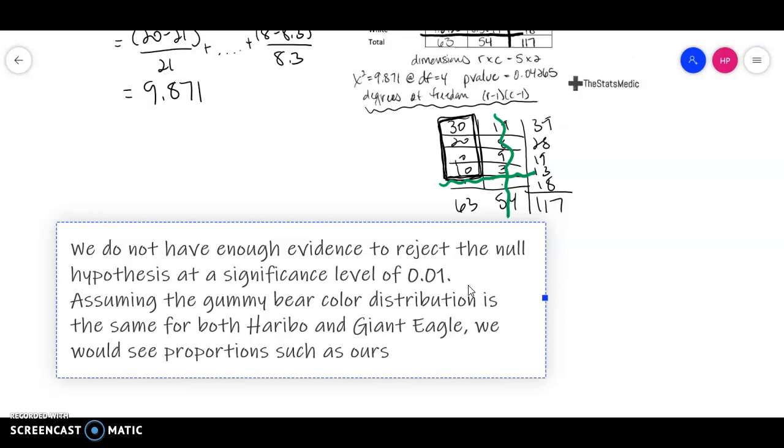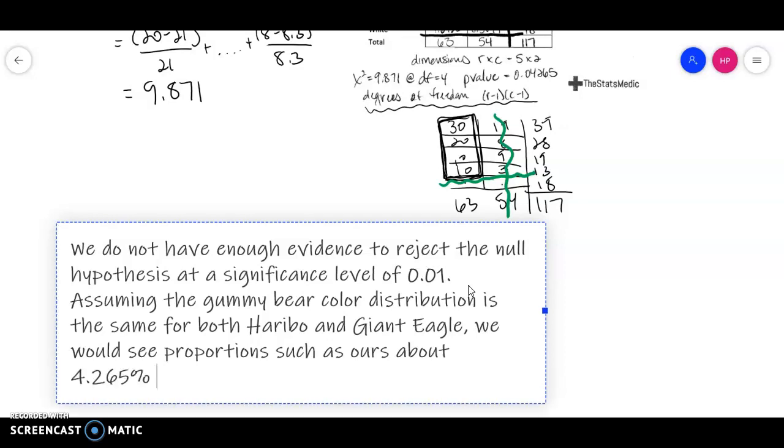So it's not really a one-way or a two-way test. It's considered a many-sided test. So just recognizing that proportions such as ours that different happen about 4.265% of the time.